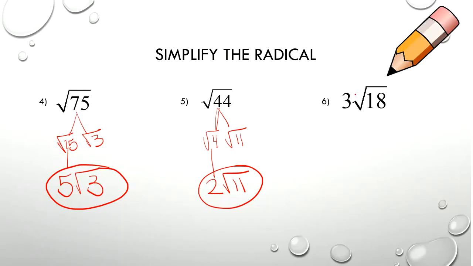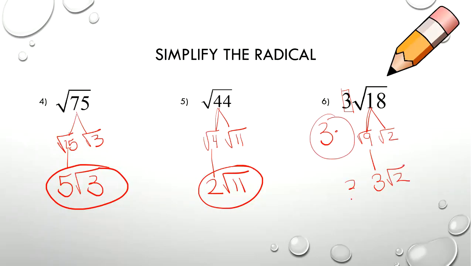Now, notice, guys, there's this 3 sitting out here. Don't worry about him. Let's just carry him along for the ride for a little while. Let's break down the square root of 18, which I know is the square root of 9 times the square root of 2, right? 9 times 2 is 18. Square root of 9 is 3. But now, don't forget about that random 3 we had sitting out front.